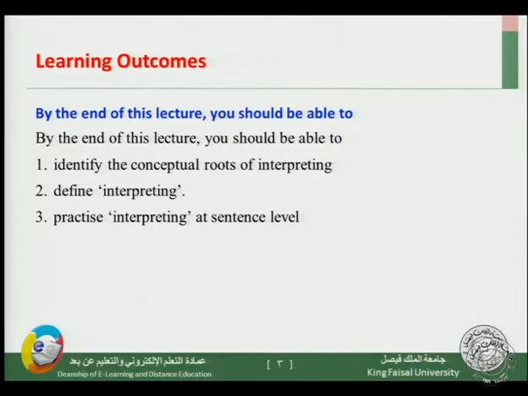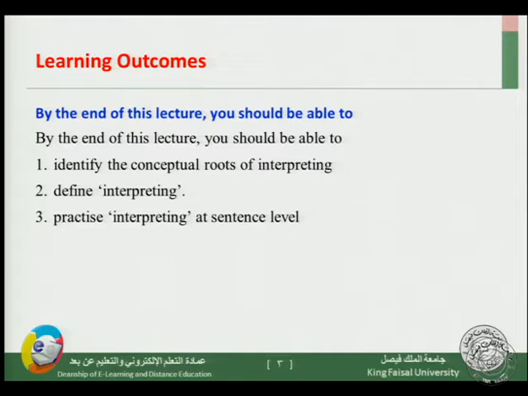Concept means the idea, what you think of interpreting. Then you should be able to define interpreting. So first, you should be able to identify the origin of the concept of interpreting. Then you should be able to define interpreting.